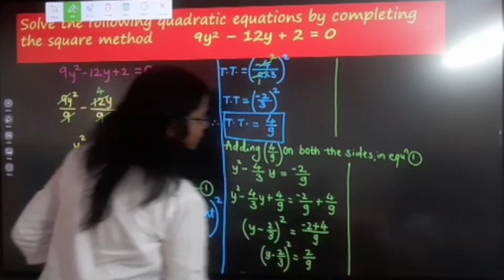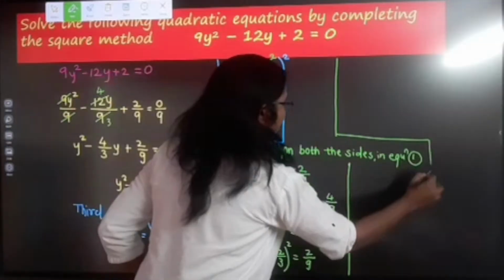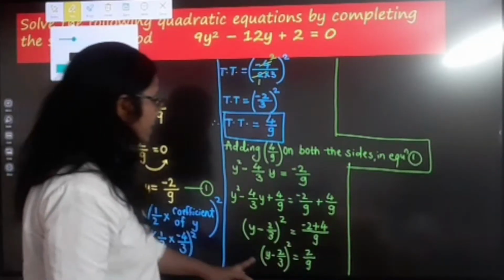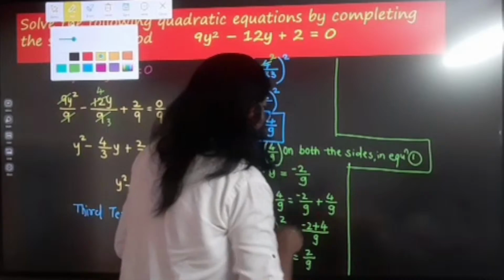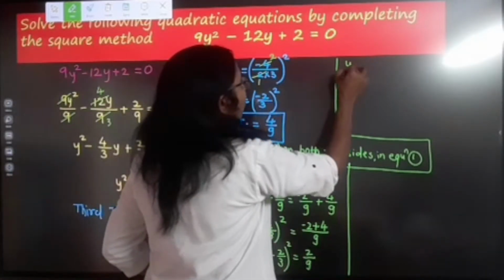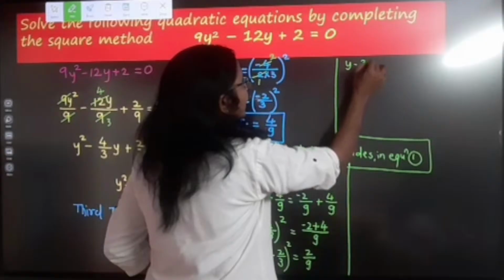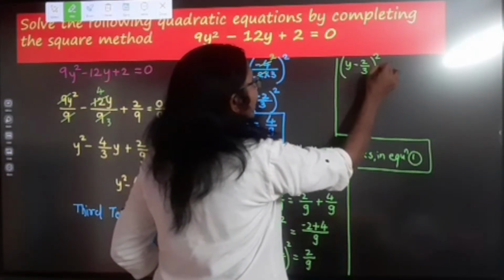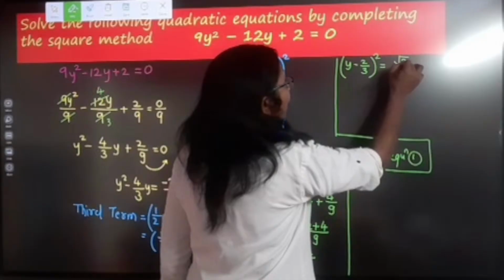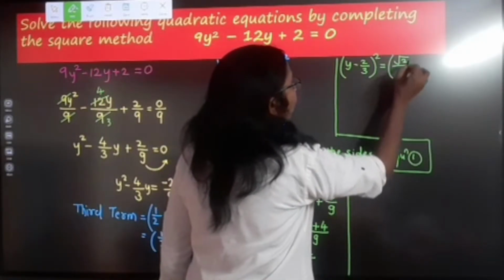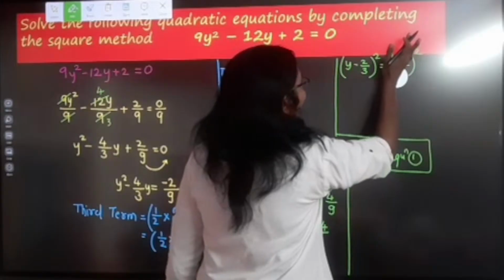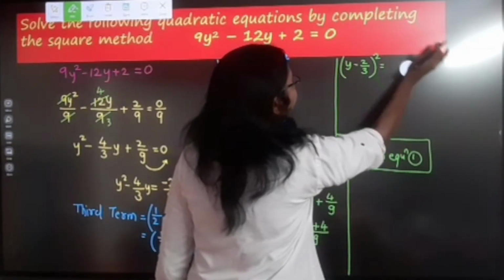See here students, the next step is that (y minus 2 upon 3) whole bracket square is equal to root 2 upon 3 whole bracket square, and write here plus or minus.